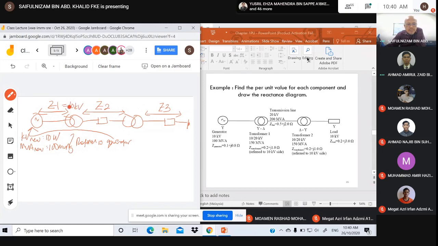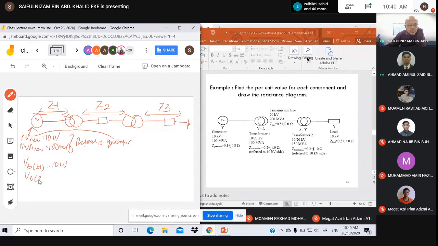Okay, VB for zone 1, base new, is 10 kV.